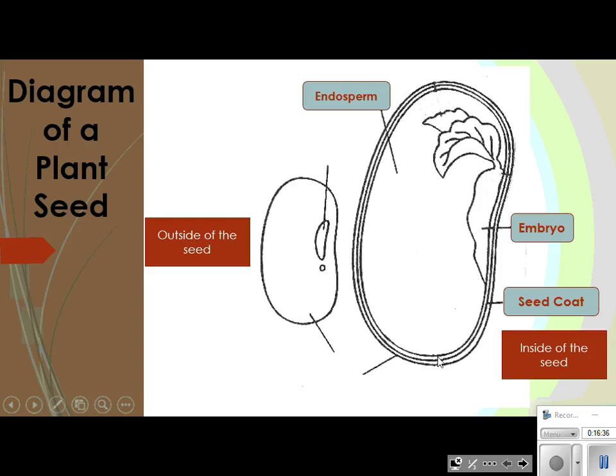The seed coat protects the seed while it's preparing to grow, right? So the seed coat is protecting the seed. What is the outside?